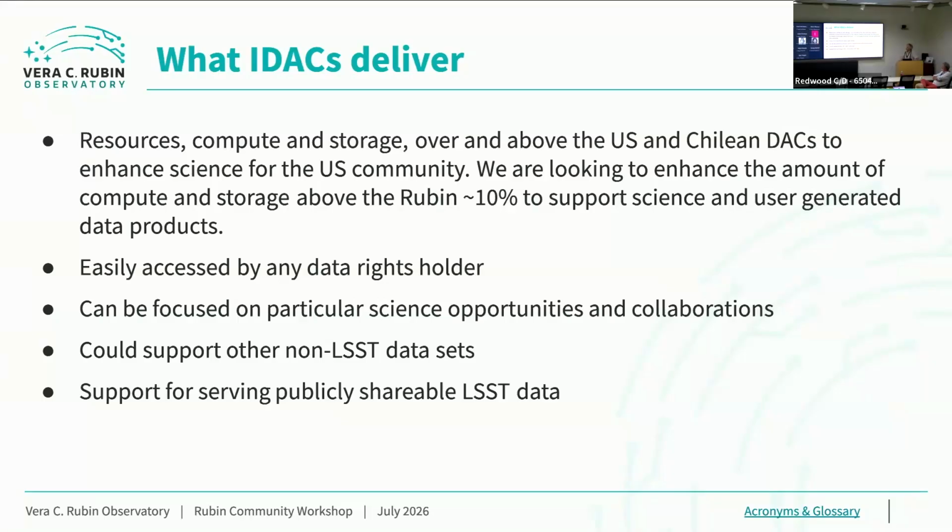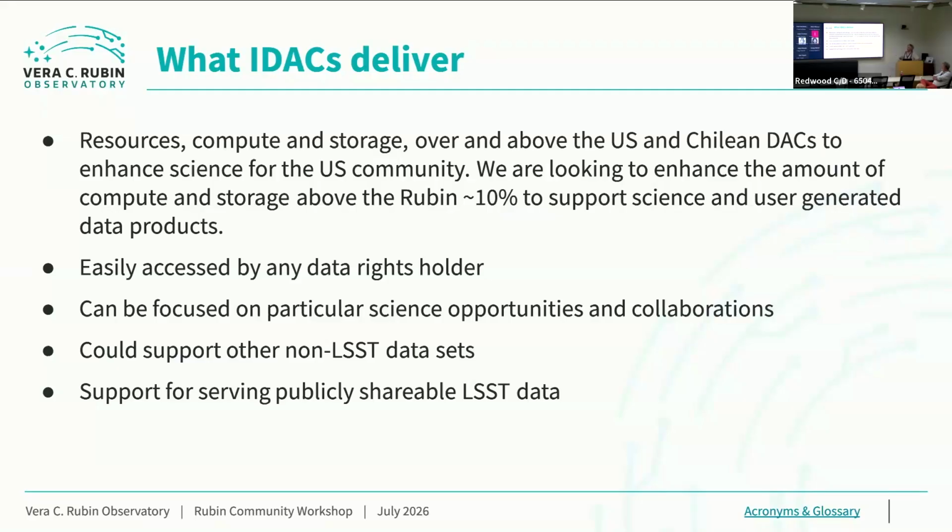We encourage them to be focused on particular science opportunities and collaborations, because this is a way to make sure that we're getting good use of those resources and getting science out, which is really the main focus of this. It can also include support to other non-LSST data sets. This is important for some science use cases, I think, as you'll see.